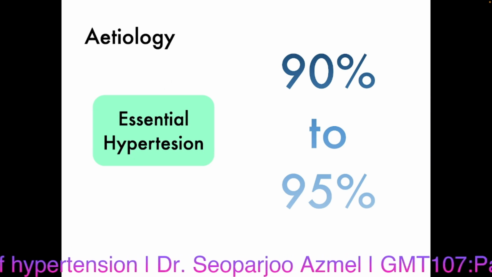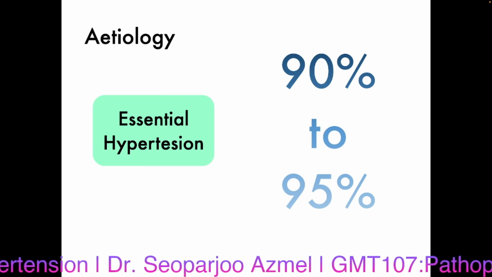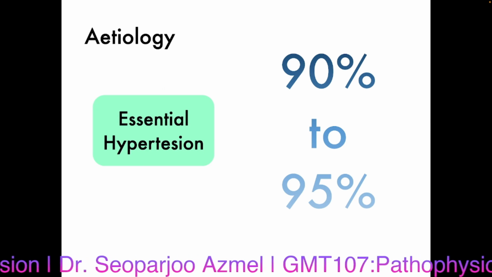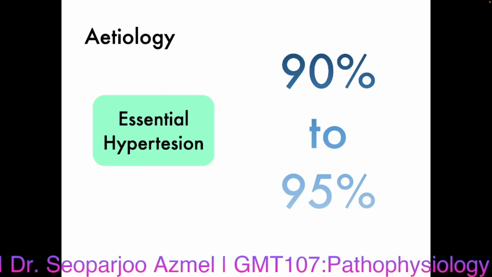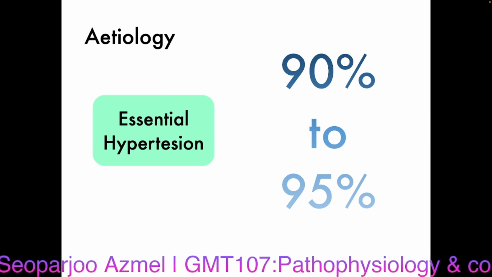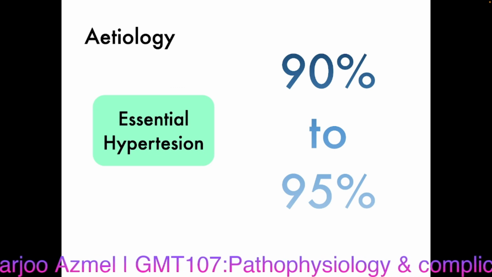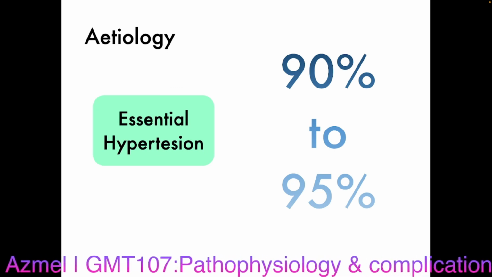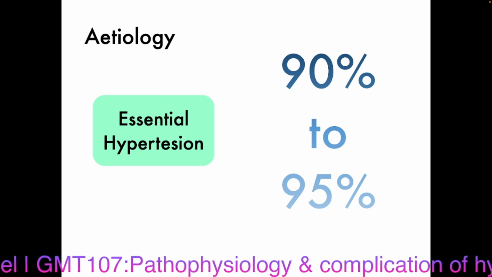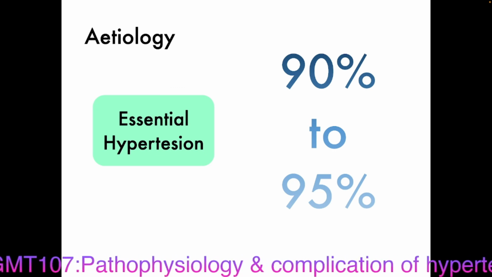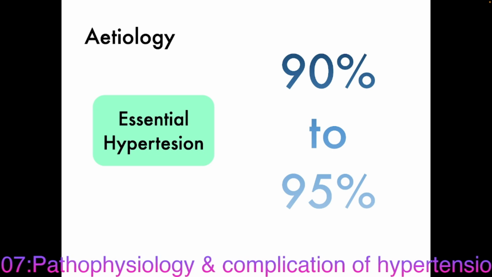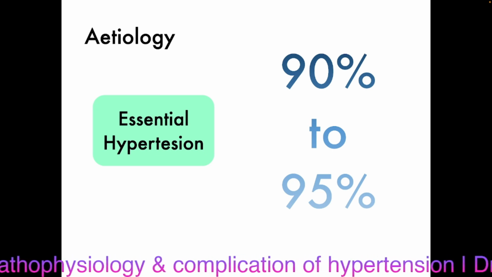Essential hypertension does not have a clear pathogenesis or etiological agent, but it does occur in the majority of the population. Almost 90 to 95% of people who have hypertension do not show any etiology or predisposing causes that lead to hypertension.